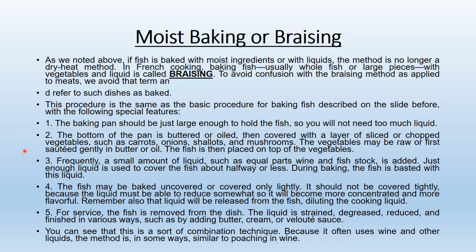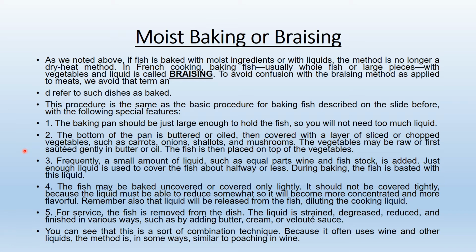The bottom of the pan is buttered or oiled, then covered with a layer of sliced or chopped vegetables such as carrots, onion, shallots, or mushrooms, or any of your favorite vegetables. You can put carrots, tomatoes, sweet pepper, it's up to you.